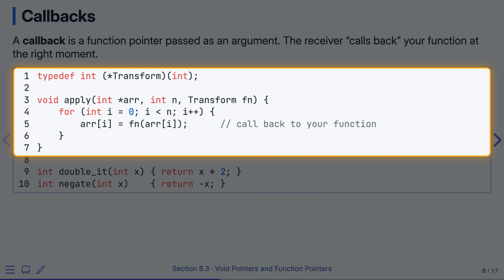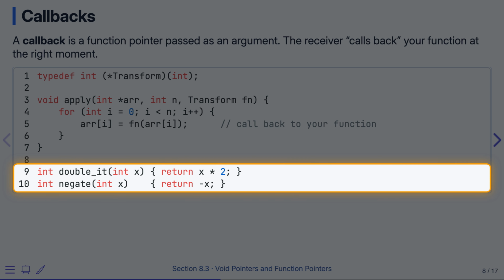Inside, for each element, apply calls fn of arr of i and stores the result. Apply does not know what transformation to perform. It just calls whatever function you pass. So if you pass doublet, every element doubles. If you pass negate, every element is negated. The same loop handles any int to int transformation.